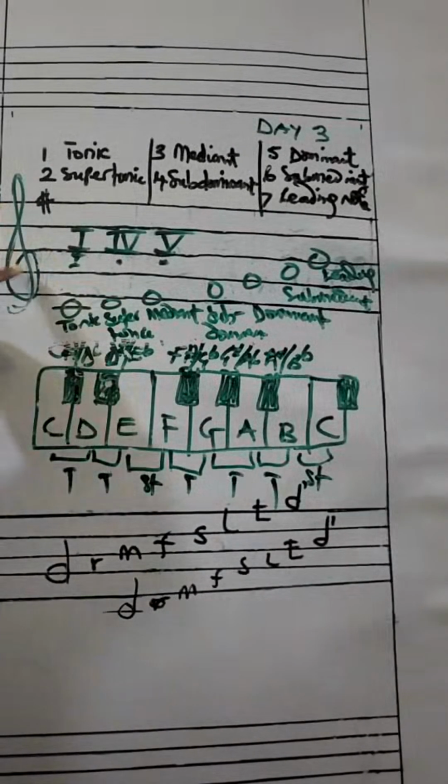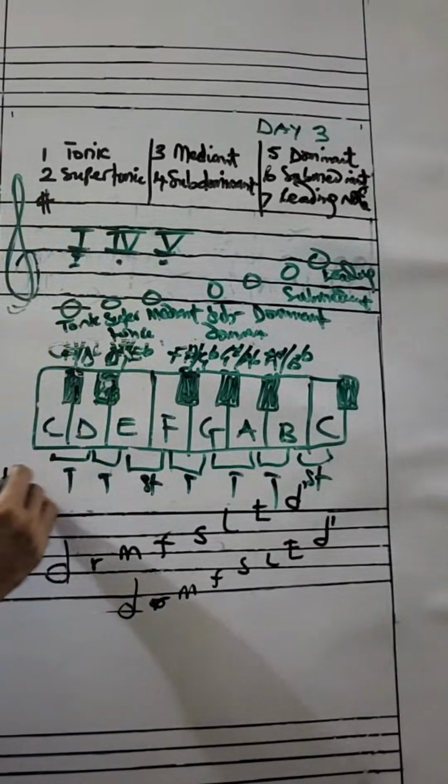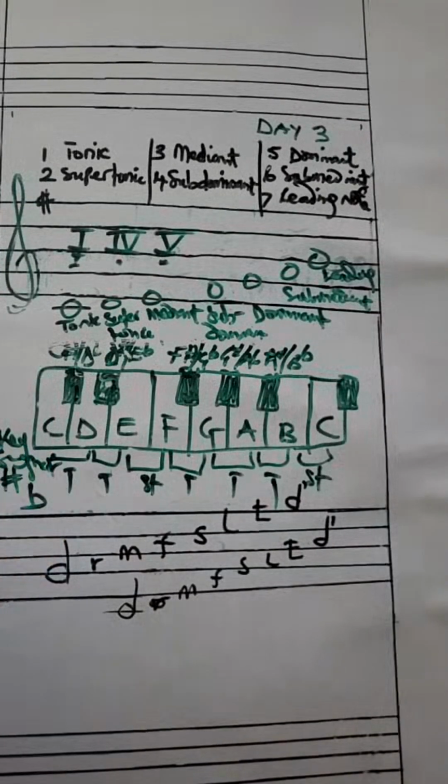So immediately after this clef, the sharps or flats that you see, the sharp sign or the flat sign, they are called what? Key signature. It tells you which notes are to be consistently played sharp or flattened throughout the piece, indicating the key of the music.